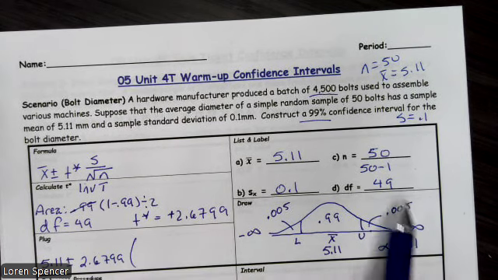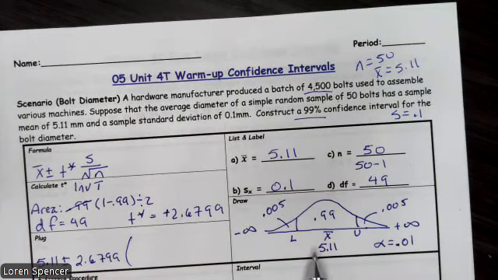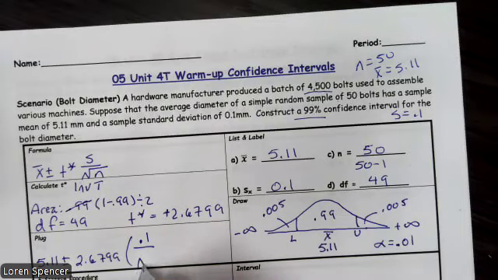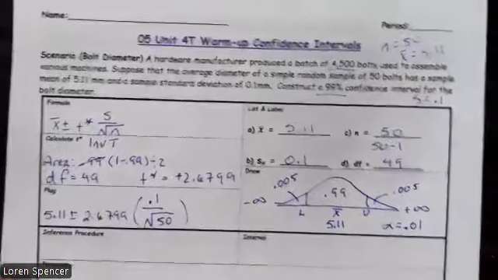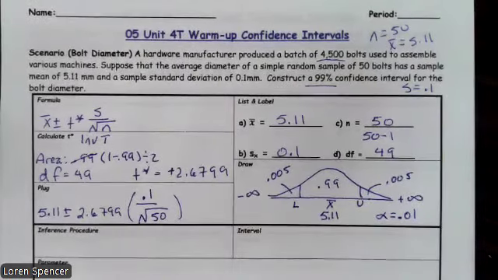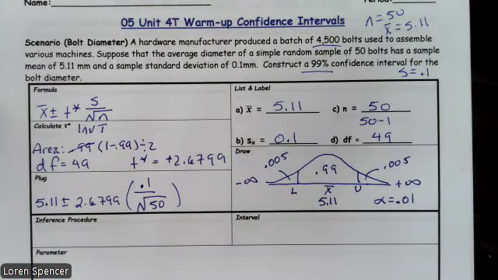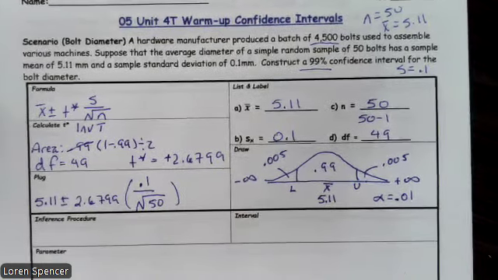Our sample standard deviation in this case was 0.1. And we're going to divide by the square root of 50. All right. Well, this is the work you needed to do just so that you can get your answer. But really, that doesn't get you any points on the AP exam.